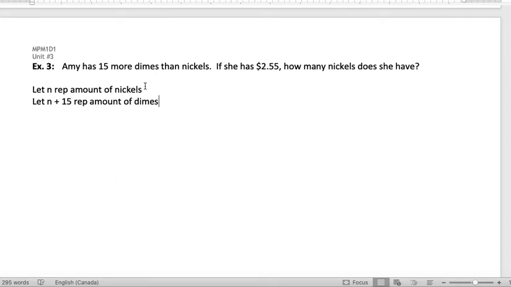So we know that the value of nickels in terms of dollars, because we're working in dollars, is 0.05. So this is the value of a nickel in dollars. And we also know that the value of a dime in dollars is 0.10.